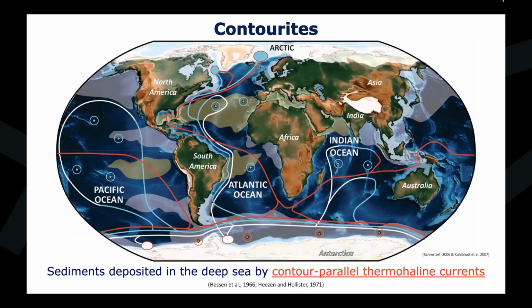And here you can see the modern day global oceanic circulation, the thermohaline system. That is very weak in general. The average is less than 5 centimeters per second. When you go to the western side of the oceans, of the marine basin, it's higher, it could be 10 to 20 centimeters per second. But again, it's very weak.